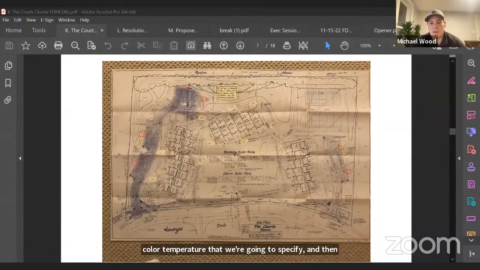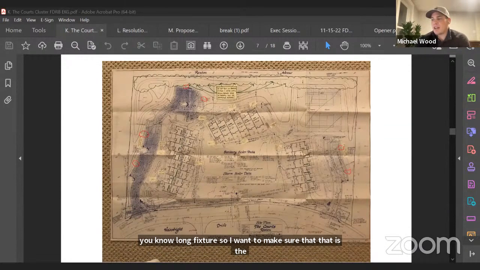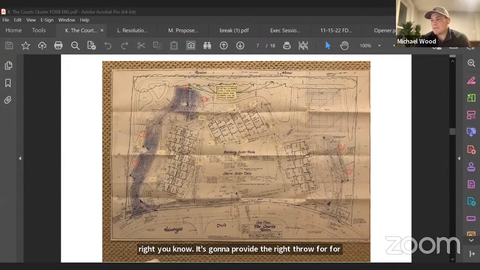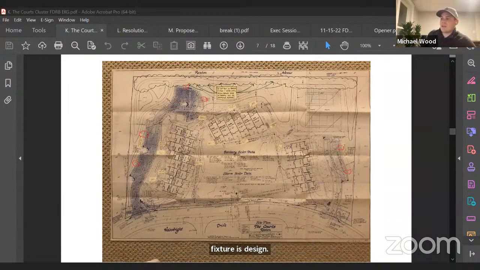Because it is a 24-inch long fixture, I want to make sure it provides the right throw for the height of your poles and is fully compatible. I don't want to drag it out, but I think it needs a little more study. I think it's close, and the fixture is good design-wise. I want to make sure it's the right one.